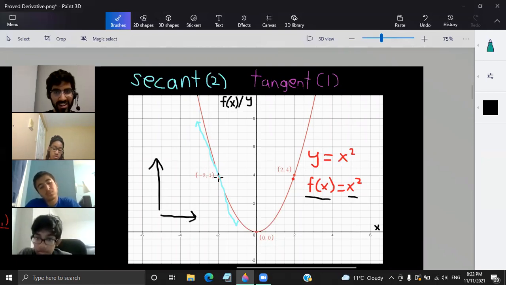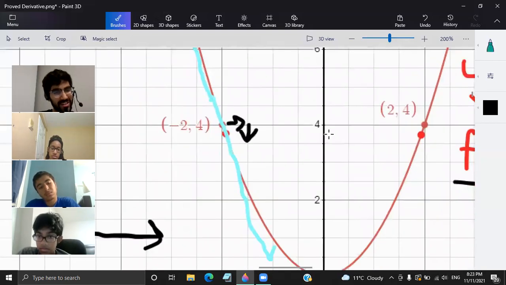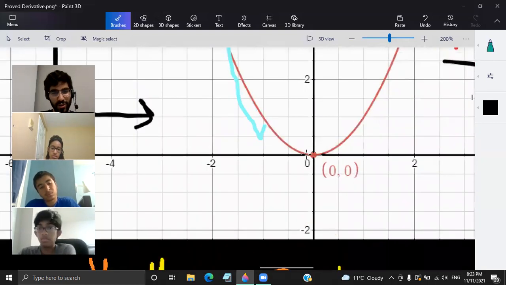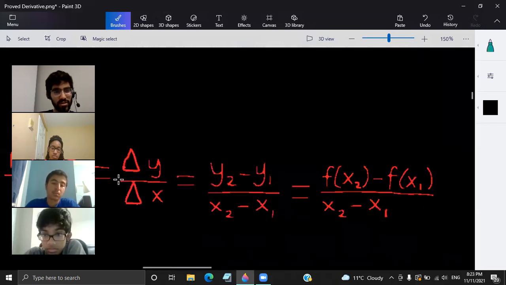And that's what we did here. We said, okay, change x a tiny bit from -2 to -1.999. How much did y change? That's what we asked. That's what the slope formula is doing. It's calculating how much y changes based on a change in x.